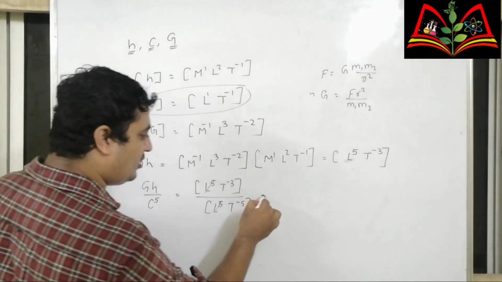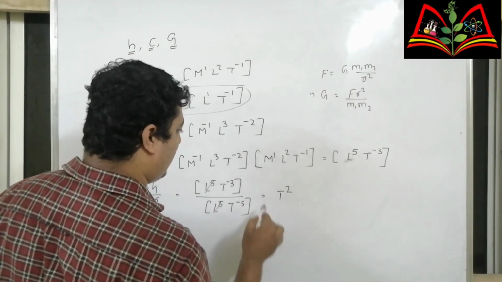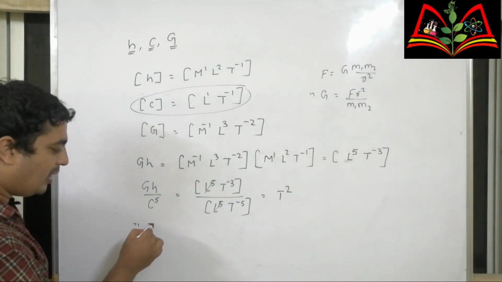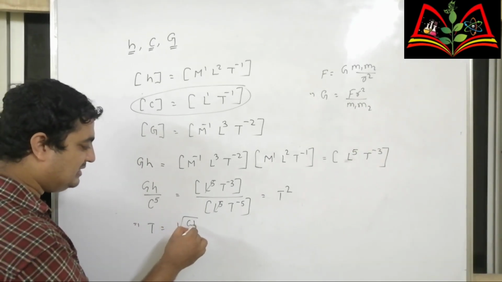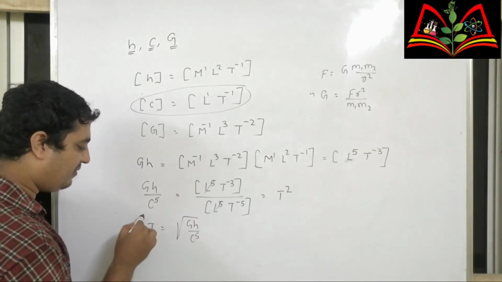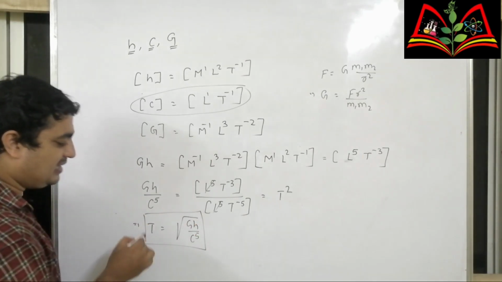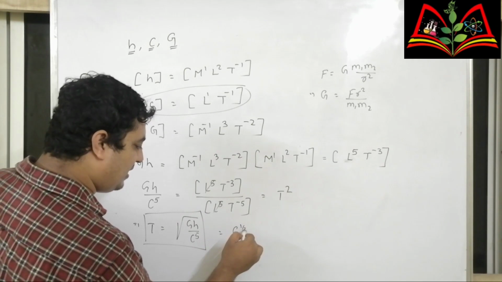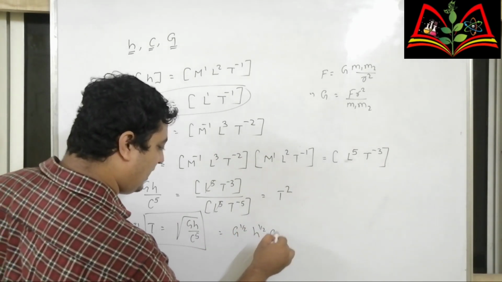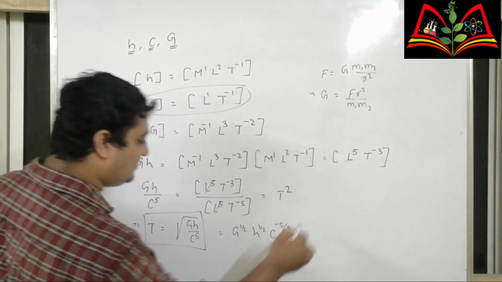These two will cancel out. It becomes T square. So what will be the value of T? Root over of GH by C to the power 5. This will be the dimension of time. Or we can write G to the power half, H to the power half, C to the power minus 5 by 2.